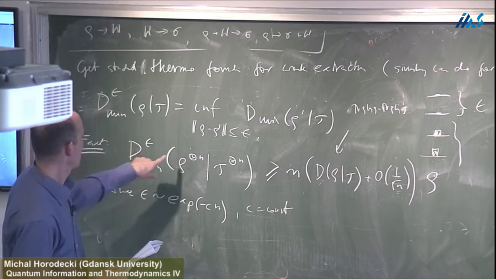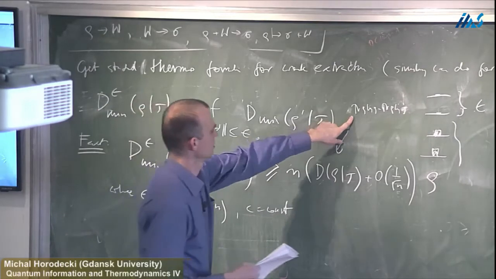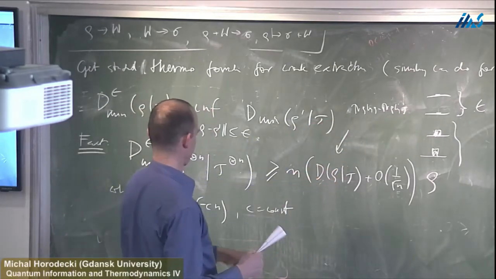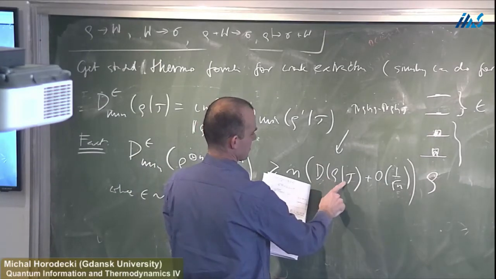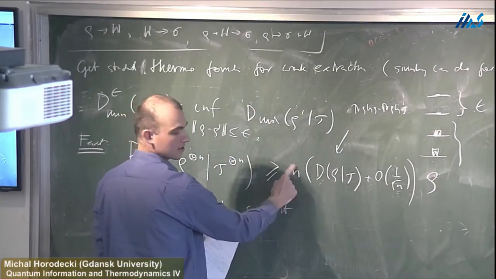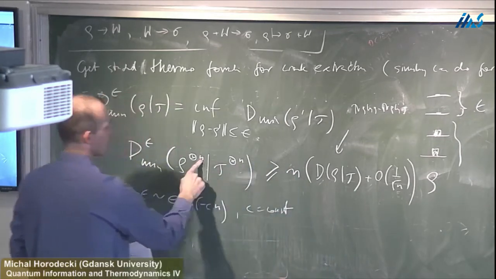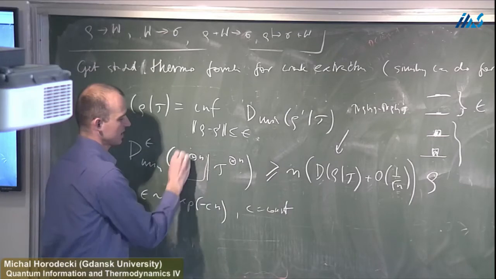After the inequality sign. Here? No, in the fact. This d greater or equal than something, and bracket. This is the number of my copies, and this is the same n. I simply take a very special initial state.